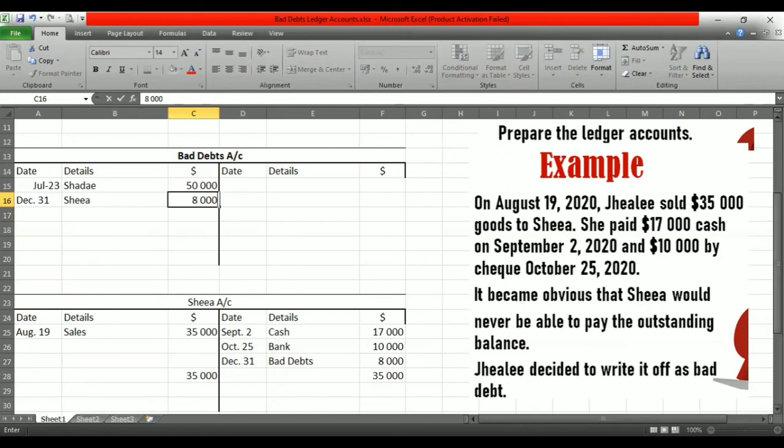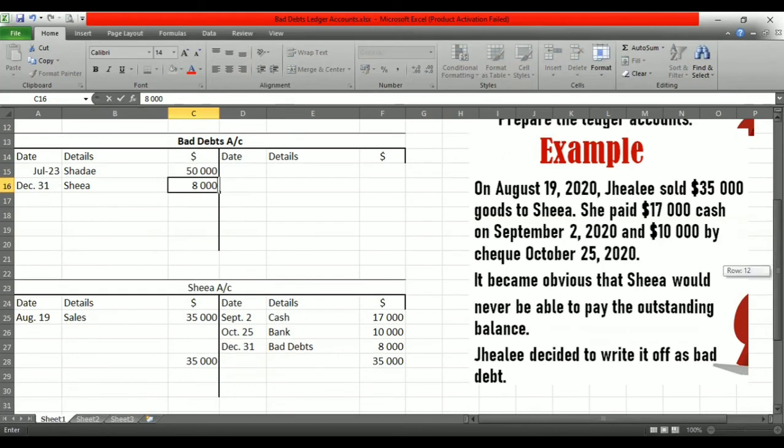We know, after having looked at those two examples, we're now at the end of the accounting period. So therefore, we need to show the end of period adjustment. And that is to send the value from the bad debt account to our profit and loss account.